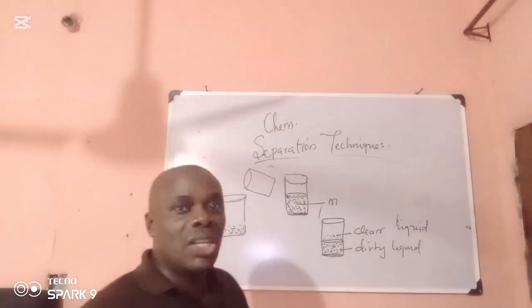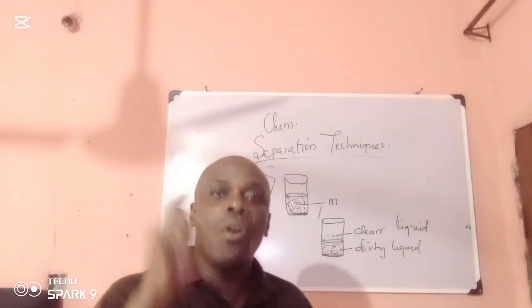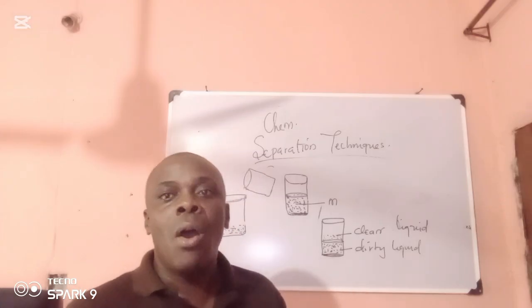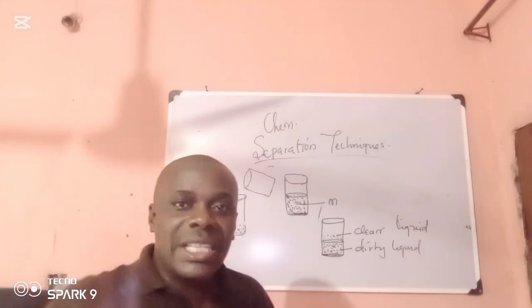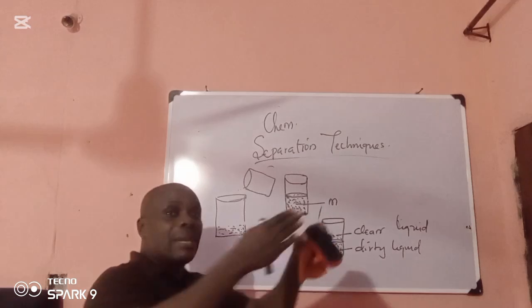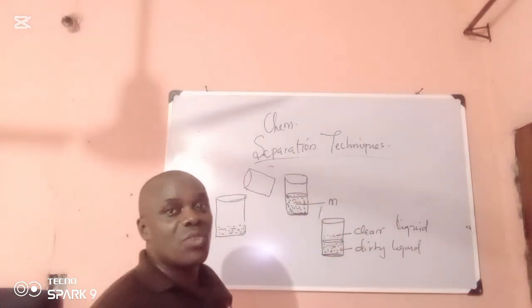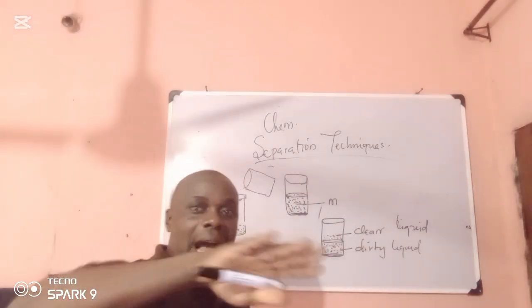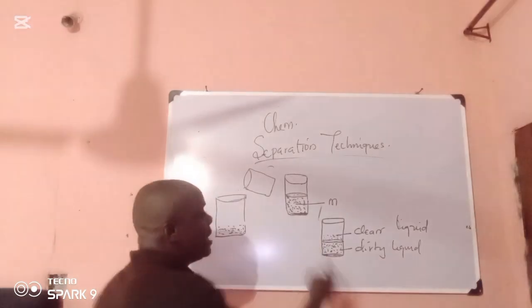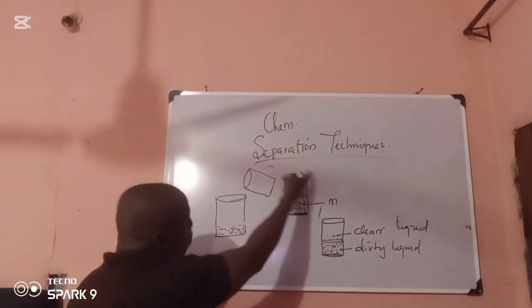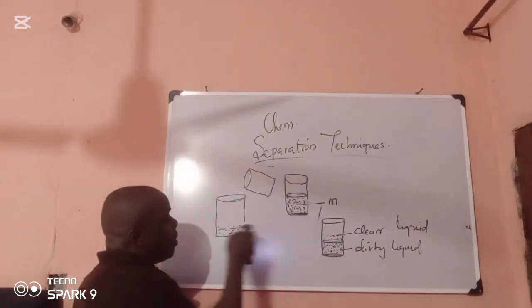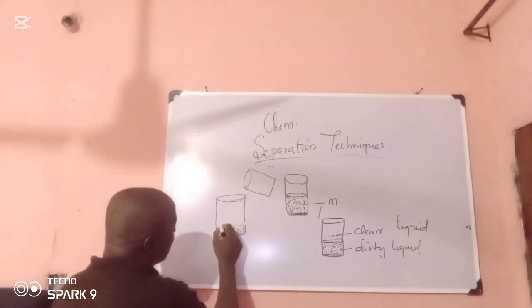And that cloudy liquid will now settle for a long period of time, maybe 1 hour or a few minutes or more than that. It will settle for a period of time, and it will separate into layers. The two layers will have the clean one and the dirty part, which will be decanted, turned into another container like this.